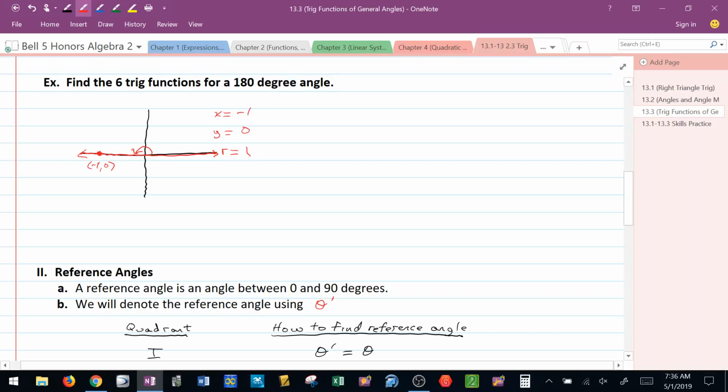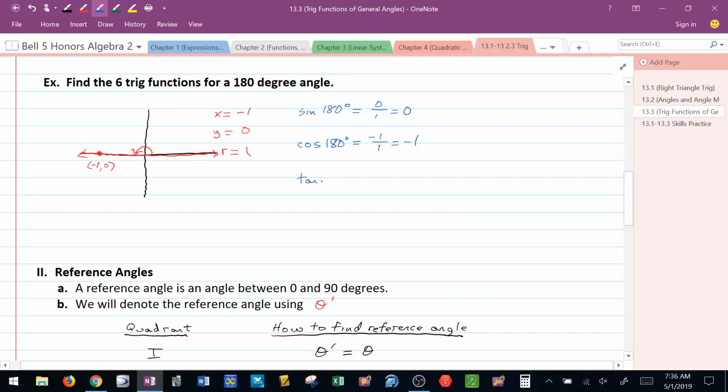Okay? So with that information, I can now find the sine of 180 degrees is 0 over 1, which would be 0. The cosine of 180 degrees, that's going to be x over r. So negative 1 over 1, or negative 1.